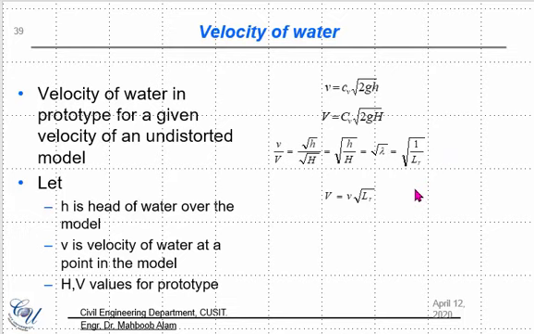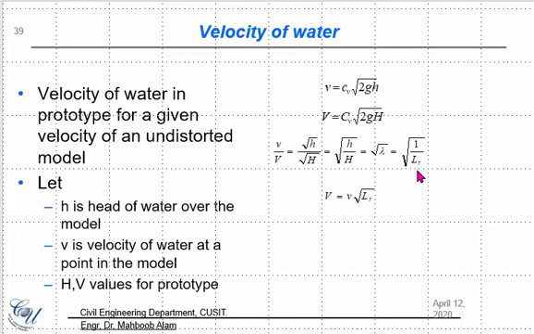which is 1 over LR. We already looked at this lambda in the previous slide, which was the reciprocal of the scale ratio. Here we are using the velocity in the model divided by the velocity in the prototype. Model by prototype was the model ratio, and we said that the model ratio is the reciprocal of the scale ratio, and the scale ratio was shown as LR.